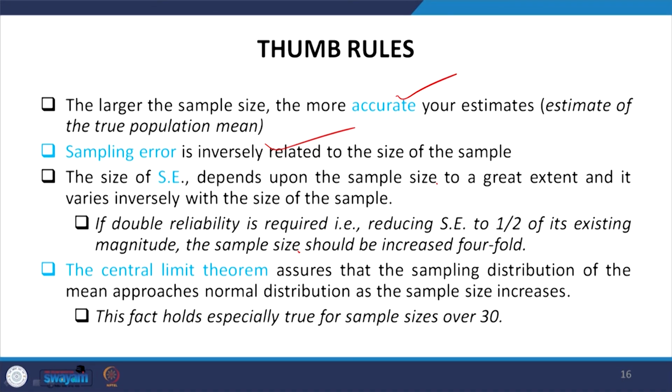This fact holds especially true for sample sizes over 30. So, when the sample size exceeds 30, we generally refer to a Z distribution, or a normal distribution, rather than a T distribution. But it is up to the researcher; generally a T distribution is required, because we narrow down all the data to a T format.